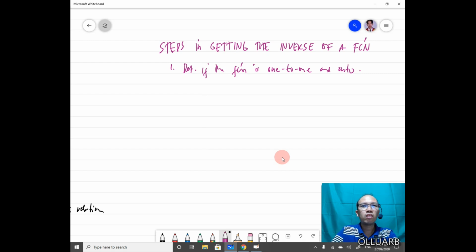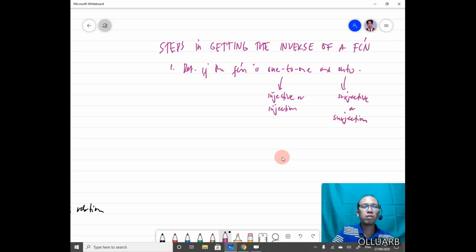By the way, in some books this is called injective or injection. This term here is called surjective or surjection.